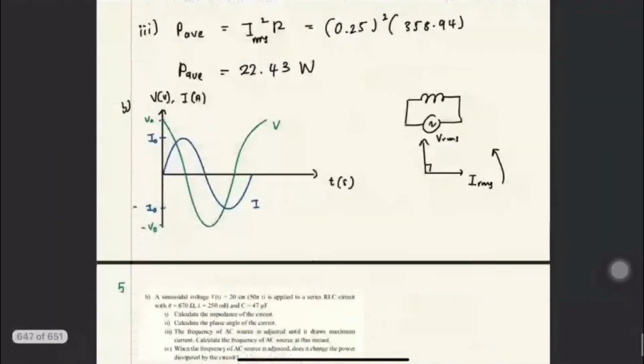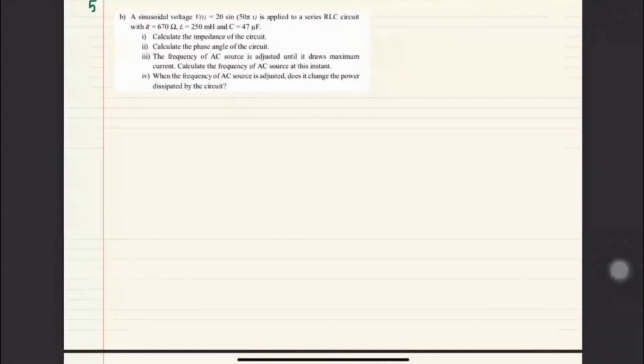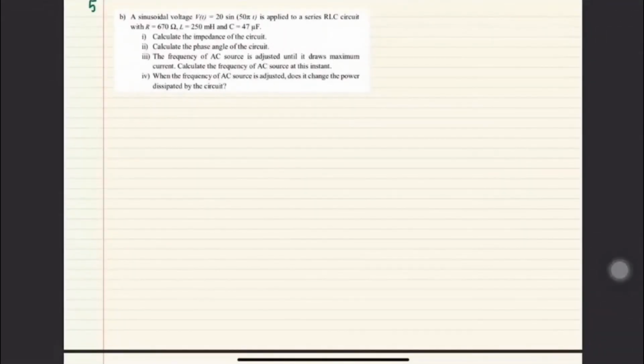Sorry, salah soalan lah. The next question is question number 5B. Okay, 5A dan 5B ni saya rasa tak berkait kot, so kita boleh buat 5B je lah. So kita ada sinusoidal voltage, kita beri equation, and then equation ni with respect to time. It's applied to RLC circuit. R, L dengan C tu diberi.